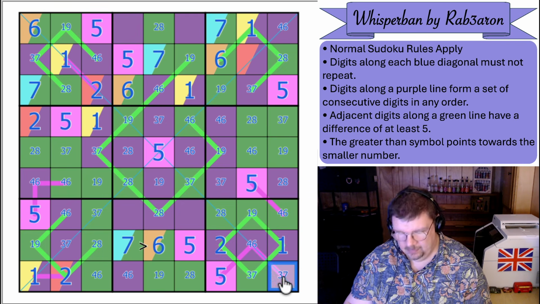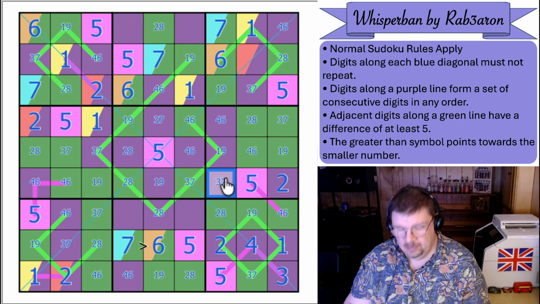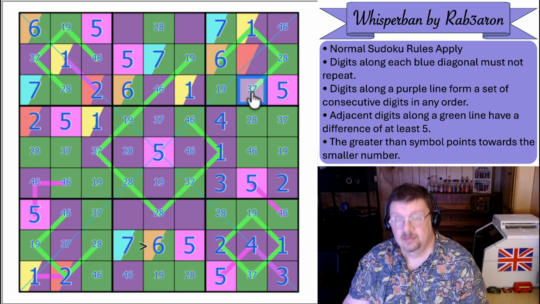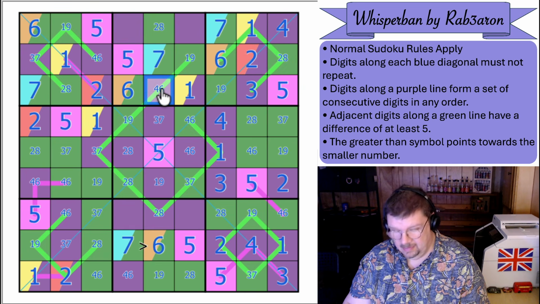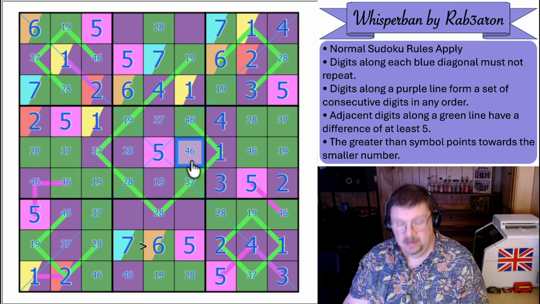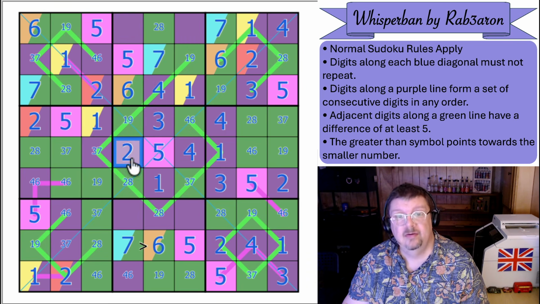Let's do purples. 3 and 4. That's 2. So low digits for purples. 3, 1, 4. That is low. So that's 3, 4, 2. Goodness. That's 4. 4, 3, 1 and 2.